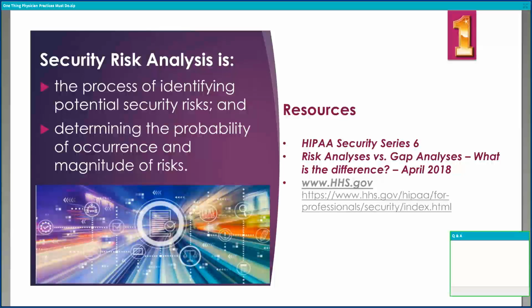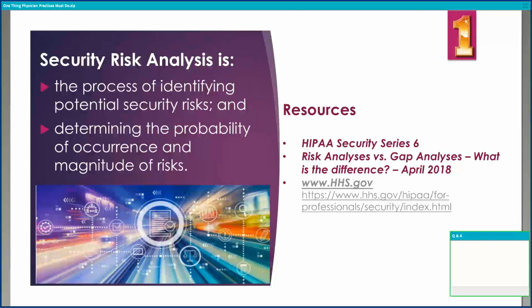The first really widely published document is the HIPAA Security Series number 6. It was originally published in 2005 when the security rule first became effective. It has been only revised one time, but remains a great resource.